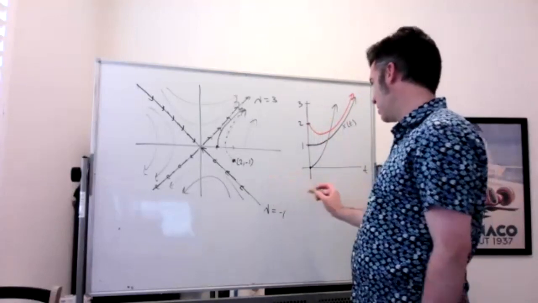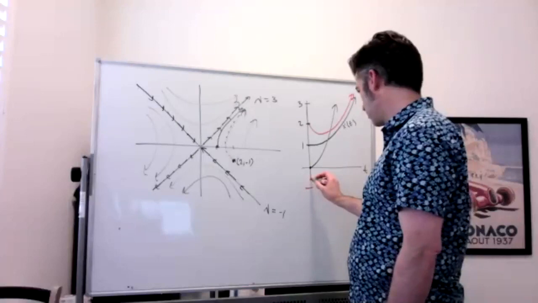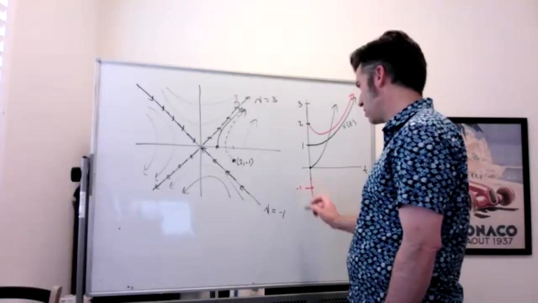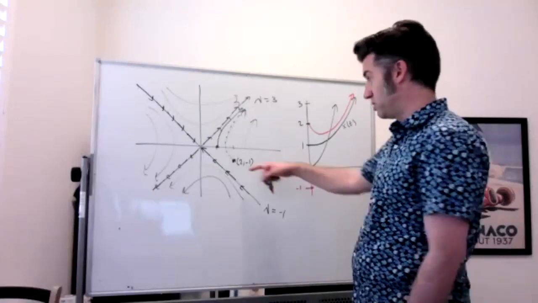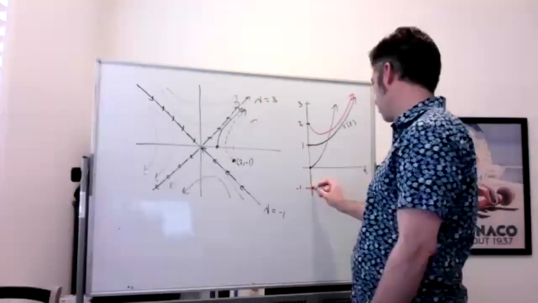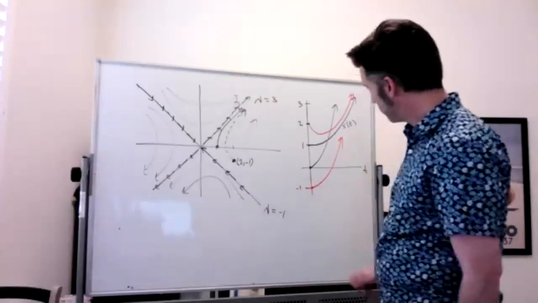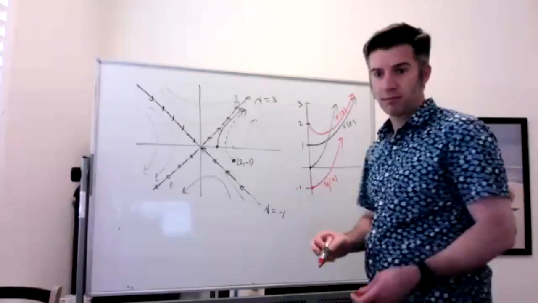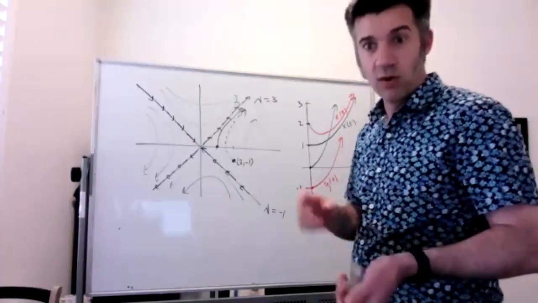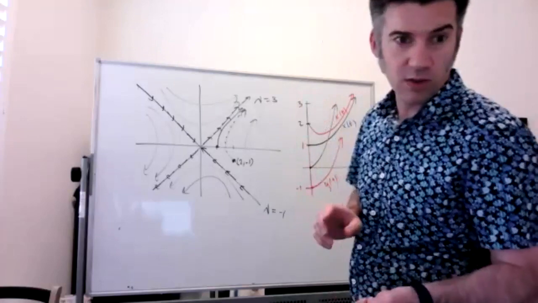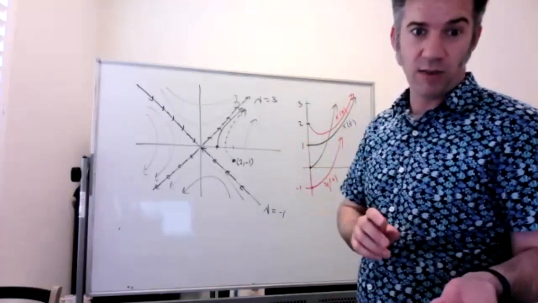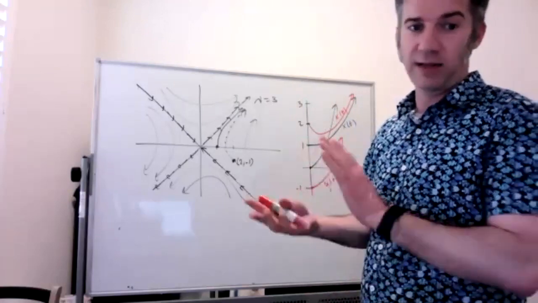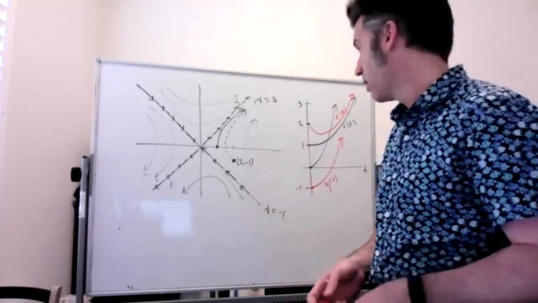And if y started at -1, the y values just get bigger and bigger and bigger. So that's what x of t and y of t would look like on their own graphs.